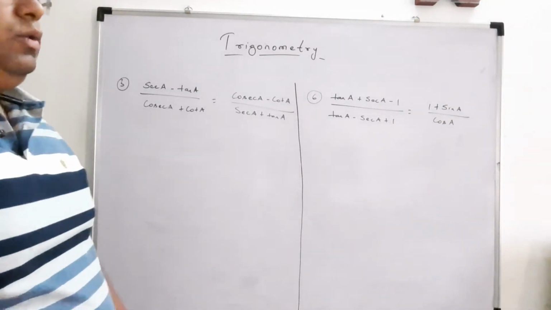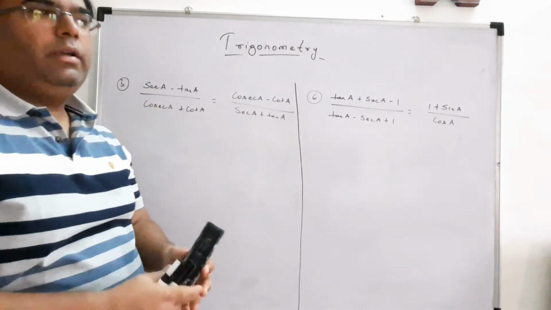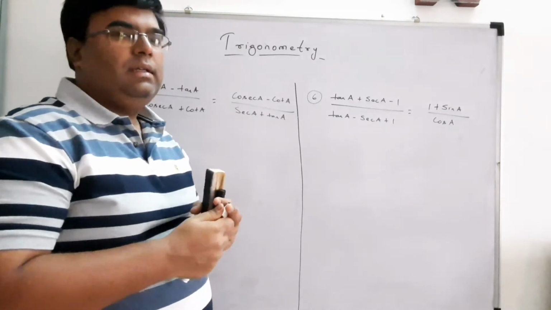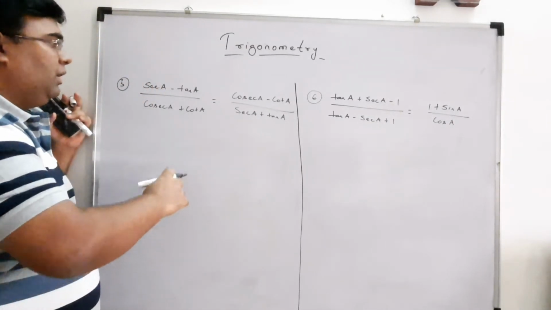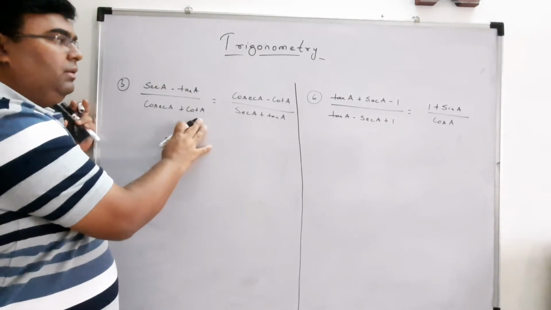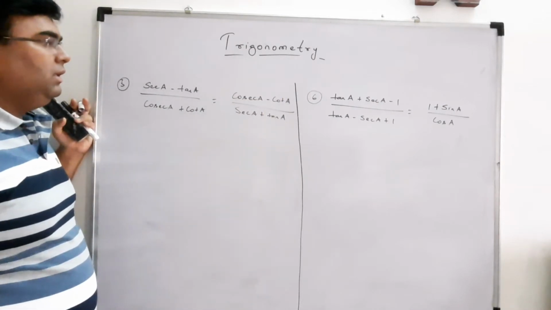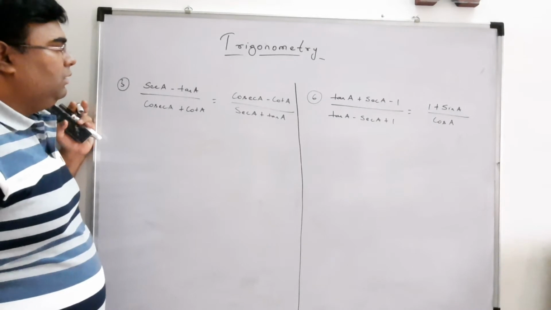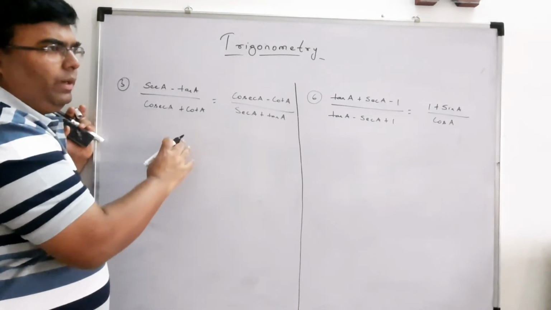Okay, let us take two more examples. These will use our other identities involving sec and tan. The fifth one is sec A minus tan A upon cosec A plus cot A is equal to cosec A minus cot A upon sec A plus tan A. Which identity? You can do it in two ways.